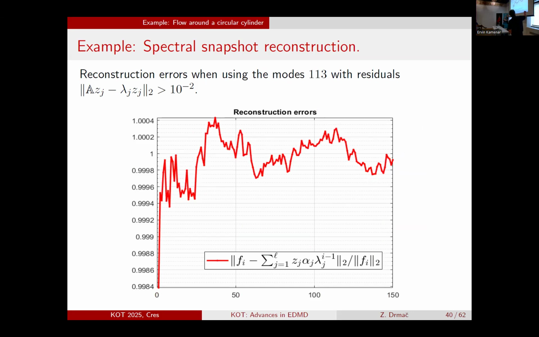Then for the sake of experiment, take the other ones. Take the 113 modes, those with the residual above 10 to the minus 2. The best reconstruction has relative error, again, 1. So 9 can do much better than 113 of them, because those 9 are picked out, those that are really the latent state that actually are behind all the dynamics.